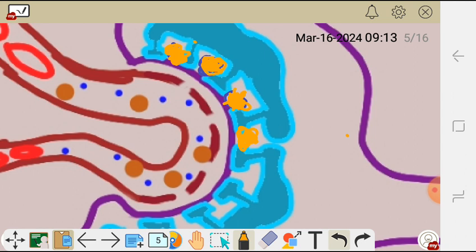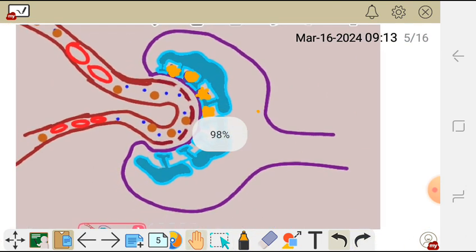And in focal segmental glomerulosclerosis, the main characteristic feature was that we observed sclerosis. We had sclerosis taking place in the basement membrane, and that led to podocyte foot process effacement, and we also had loss of proteins.